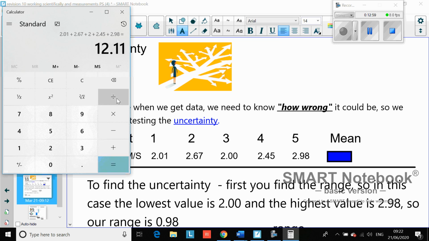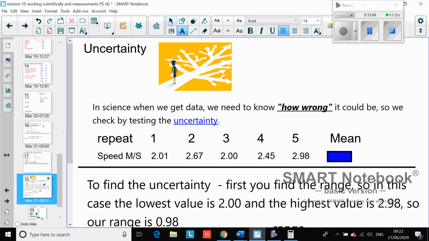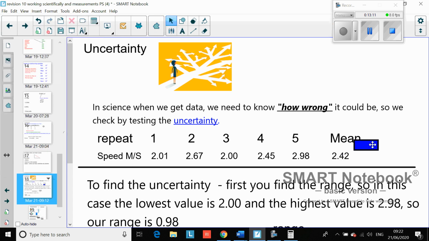Okay, so that equals 12.11. We divide it by 5 because we've got 5 results, and our average is 2.422. So our mean is 2.42, just rounded. So there it is.